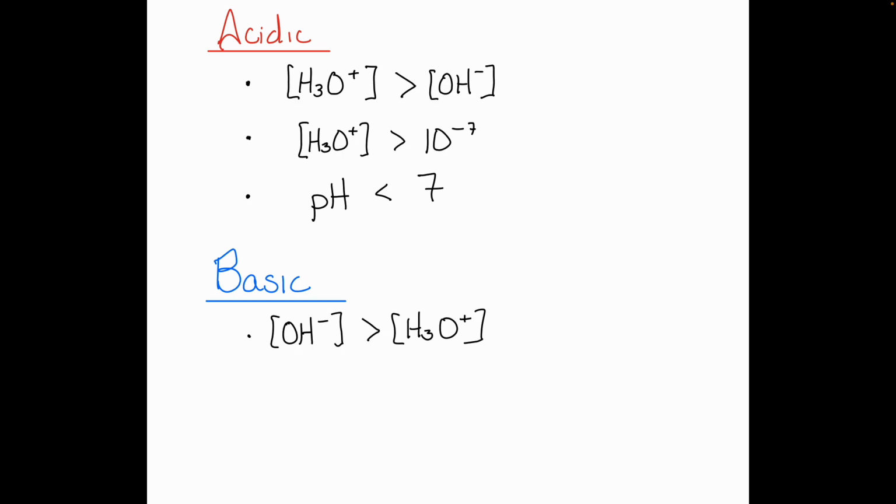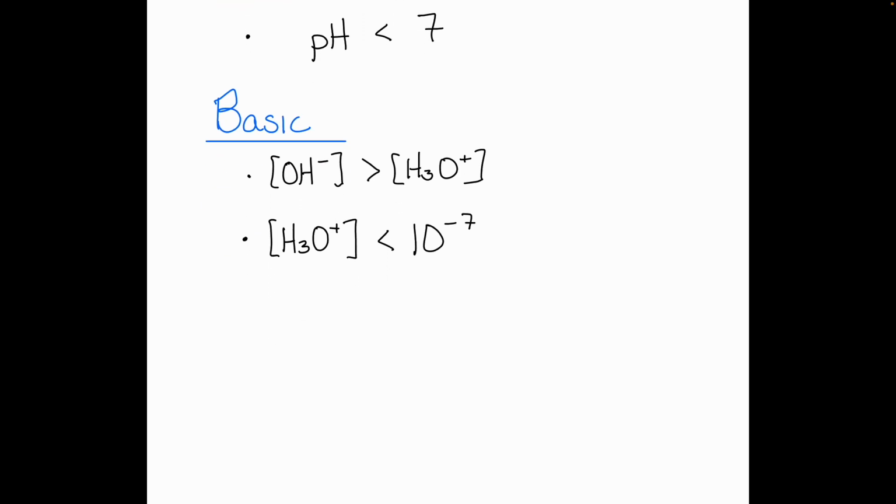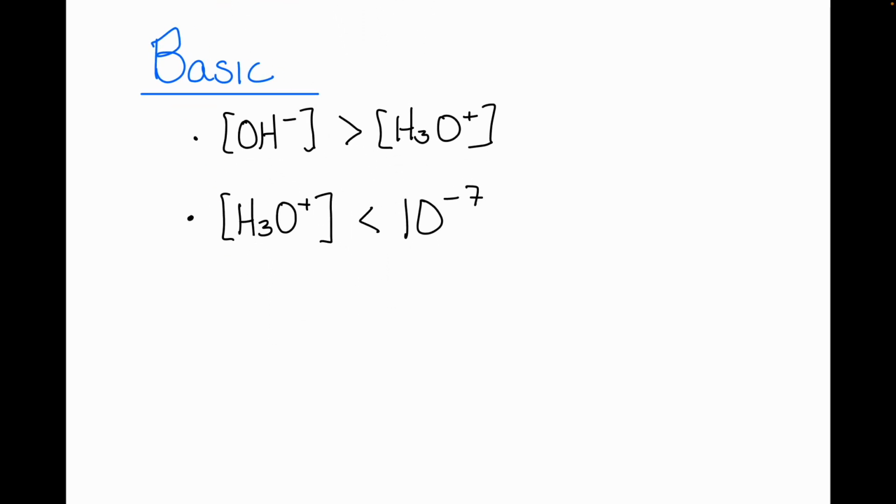And again, since the product always has to equal that same magic number, 10 to the negative 14, we can convince ourselves that that means that my hydronium ion concentration would have to be less than 10 to the negative 7. And if we put that on our pH scale, a basic solution is when that pH is greater than 7.